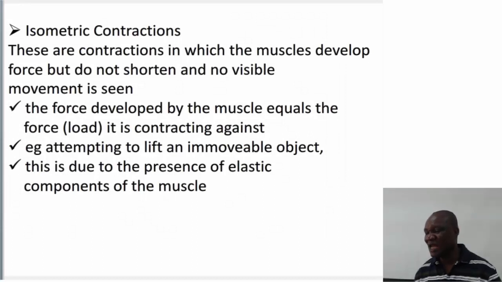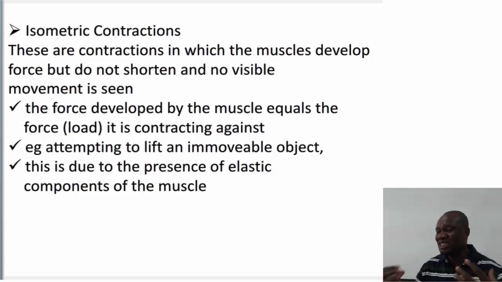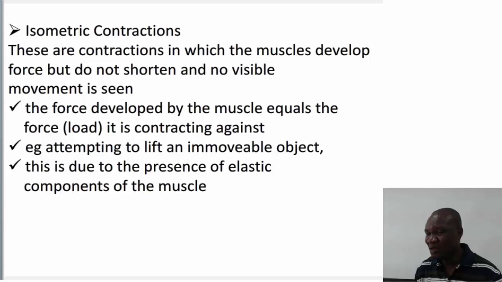In isometric contraction, the muscle develops force, but it contracts at the same length. The muscle does not shorten. That's why we call it isometric. Even though it's generating force, it does not shorten, right?